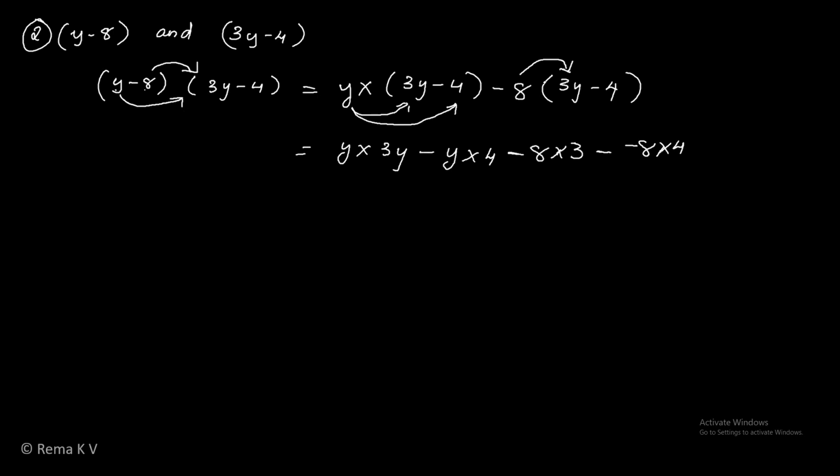We have to multiply both the terms with minus 8. So it is minus 8 into 3y minus, this minus sign is here, minus 8 into 4. Now the numerical coefficient here is 1. 1 into 3 gives 3. y into y, it is y square. Then minus 4y. Then minus 8 into 3, 24y. Then minus into minus, it becomes plus 32.